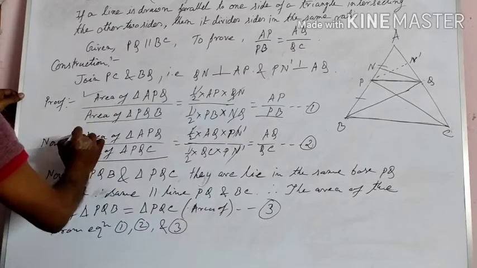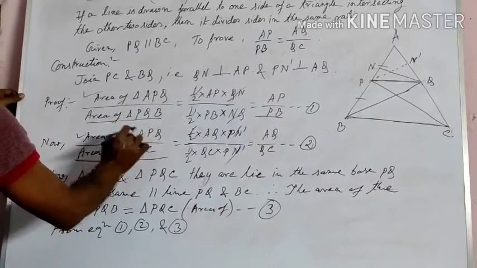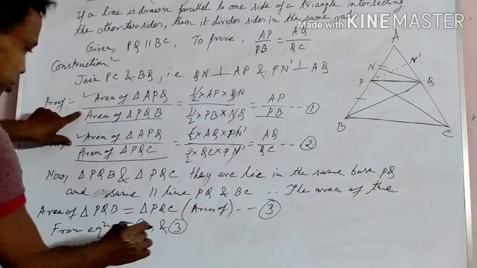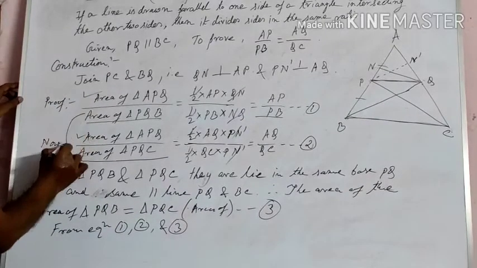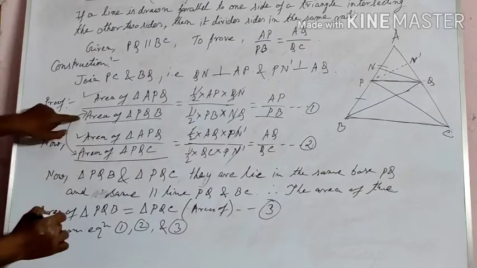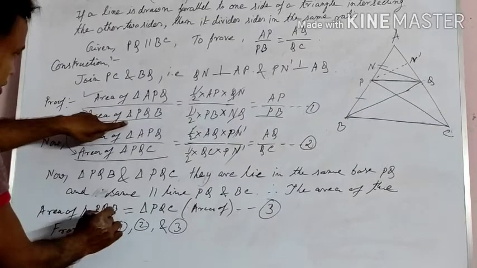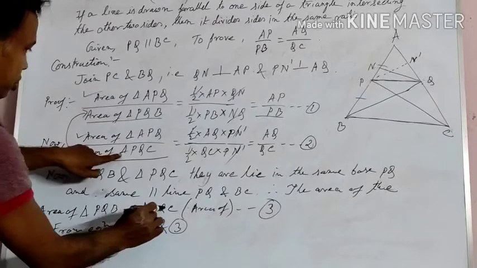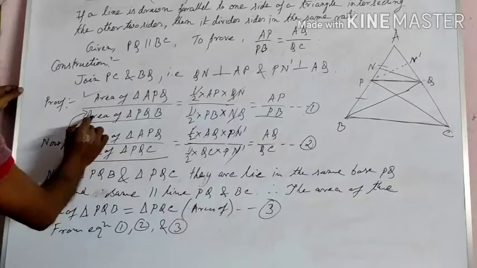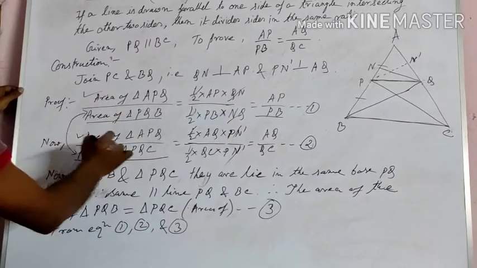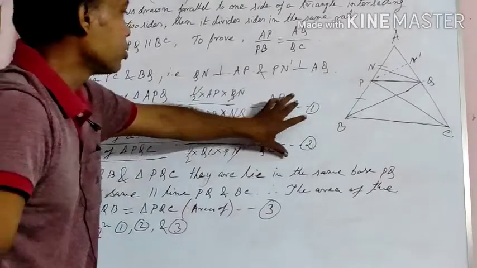The area of APQ is the same in both. From equation 3, the areas of PQB and PQC are the same. So the left hand sides of equations 1 and 2 are the same, therefore the right hand sides will be same.